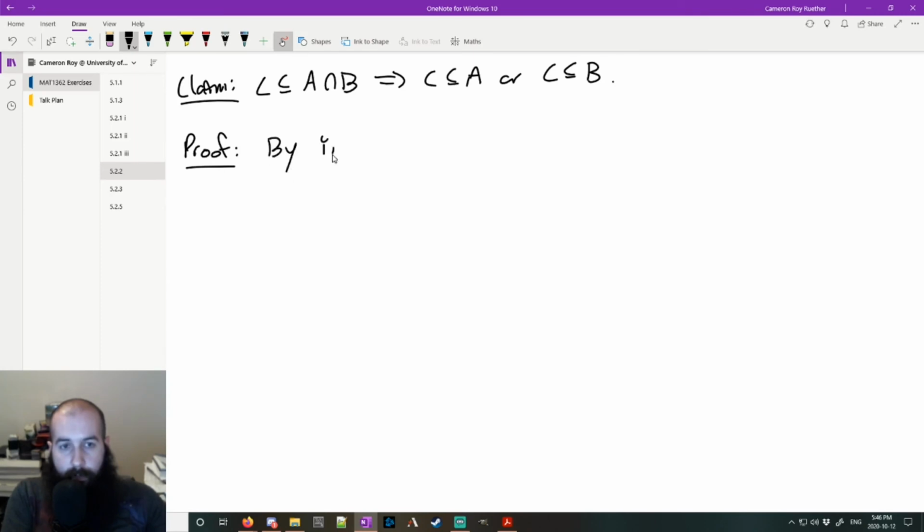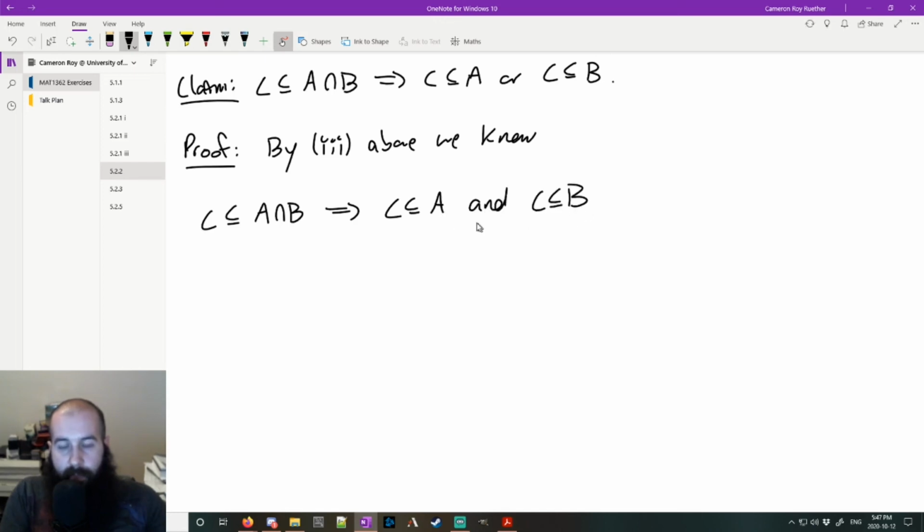So by 3 above, we know it is true that C being a subset of A intersect B implies that C is a subset of A and C is a subset of B. This means that these are both true, which means that the OR statement is true. Therefore, we have the implication C being a subset of the intersection implies that it's a subset of one or the other.